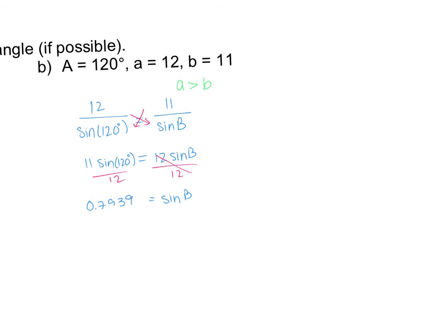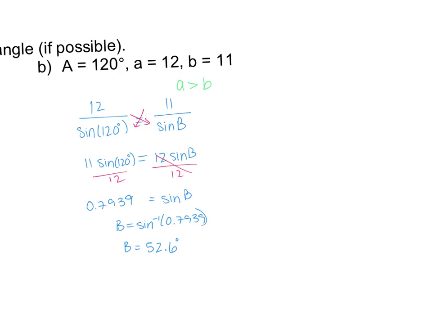I'm going to take the inverse sine of 0.7939 to find B, and plugging this into the calculator gives me 52.6 degrees. I'll put one decimal place here, and that is going to be my B value.